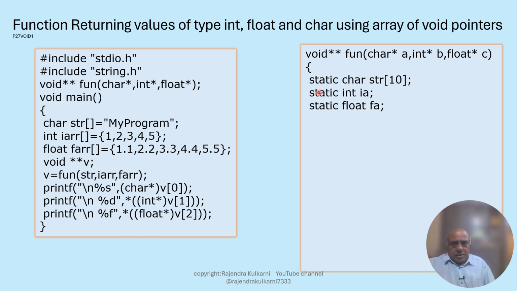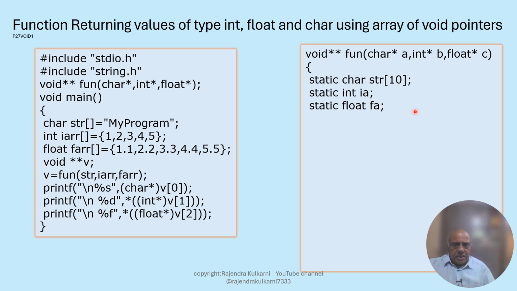In function fun, char *a collects the address of array str of main, int *b collects the address of IARR array of main, and float *c collects the address of the float array FARR of main.